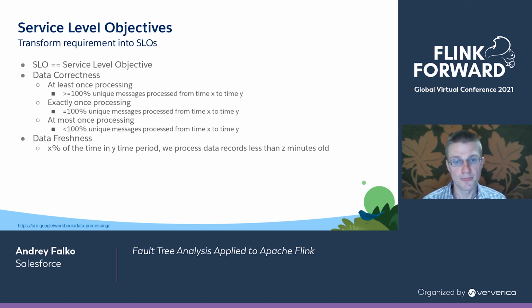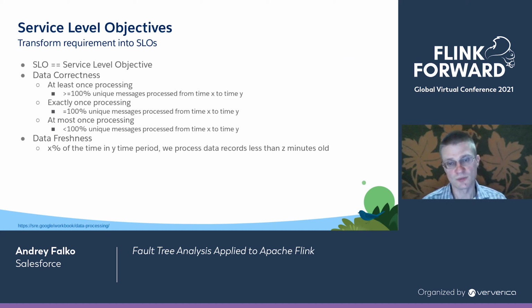One, we'll call it data correctness. We want to process every single item of data for our use cases that require at least once or exactly once processing guarantees. Generally speaking, it is recommended to count how many messages you are processing, perhaps with another Flink app.